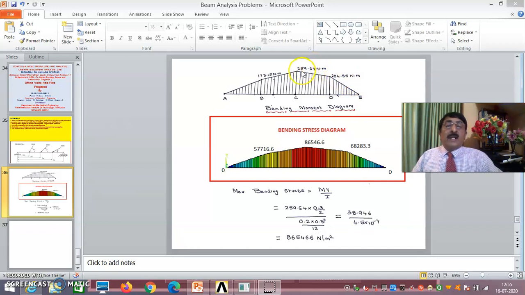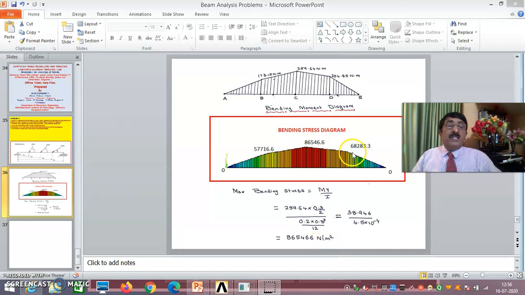That is why the maximum bending stress will be M into Y by I. M, the maximum bending moment, you take 259.64 Newton meter. Y is 0.3 by 2 because it is depth by 2. Depth of the beam is 0.3, width is 0.2. So 0.3 by 2 over 0.2 into 0.3 cubed by 12. If you do that, you get 86,546.6 Newton per meter square at this stage.